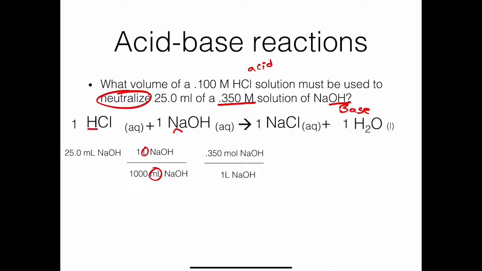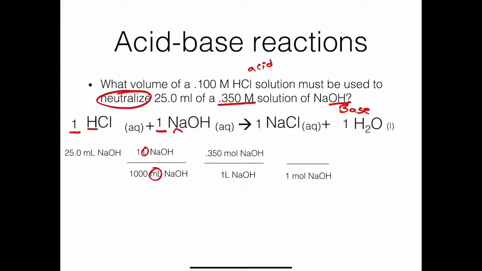Once we're in moles, we can use the stoichiometry in the balanced equation to go from moles of sodium hydroxide to moles of hydrochloric acid, because ultimately it's asking what volume of a hydrochloric acid solution. So in this case, I'm not going from reactant to product, I'm going from reactant to other reactant.